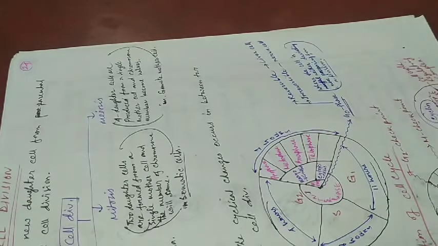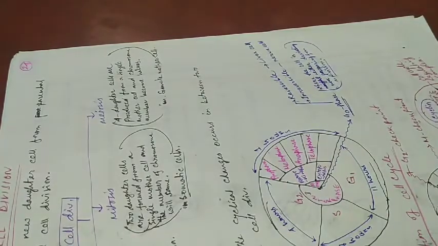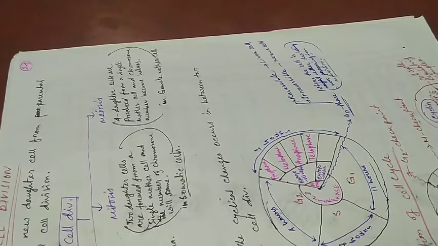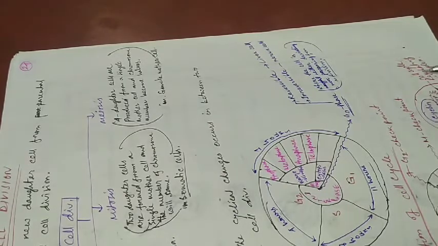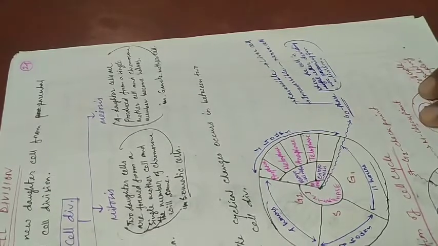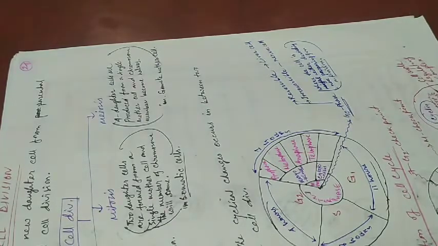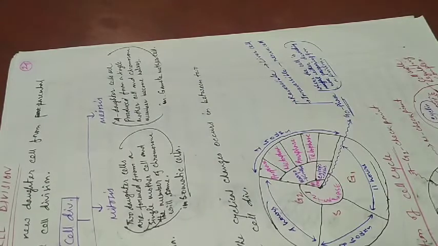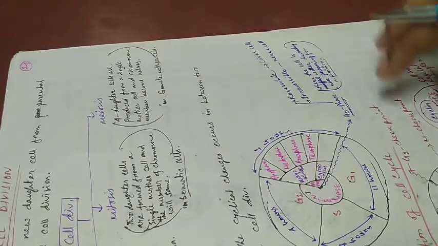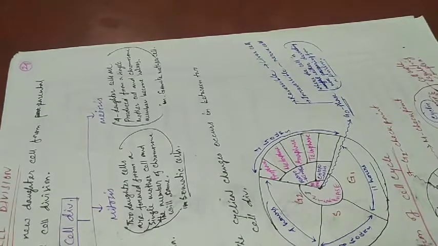The G0 phase is also classified into two groups: reversible G0 phase and irreversible G0 phase. Irreversible G0 phase means the cell permanently stops its division process. If a cell permanently stops its division, it is called irreversible G0 phase. And reversible G0 phase is when a cell enters the G0 phase for a certain period; it is called reversible because after that period the cell will divide again.